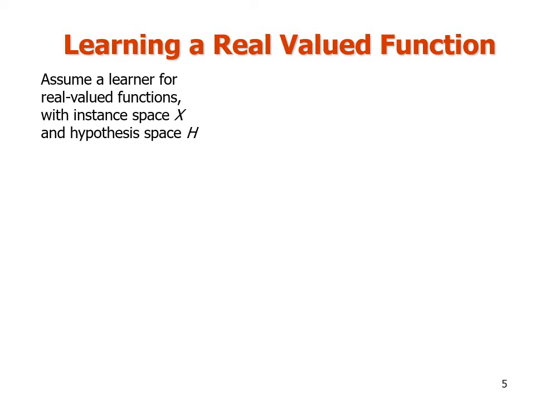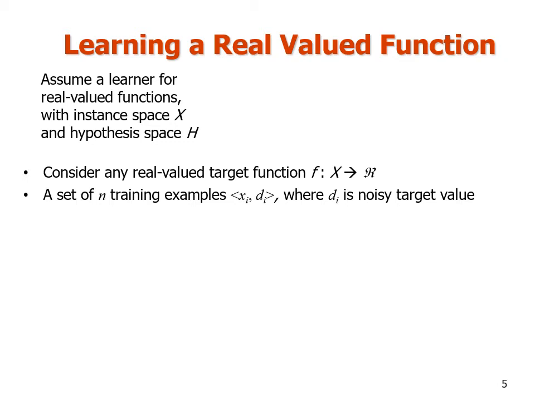Assume a learner for real valued functions with instance space X and hypothesis space H. Consider any real valued target function f that takes instance space X and outputs a continuous or real value. We have a set of n training examples given as (xi, di), where di is a noisy target value.